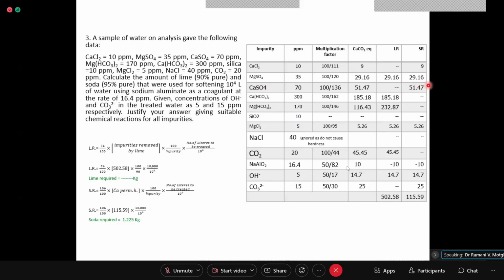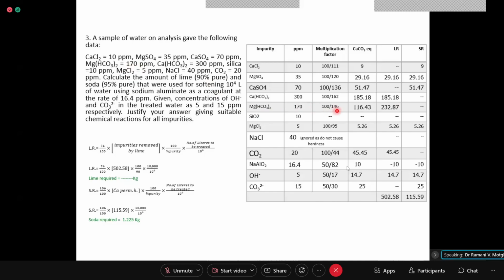So this is correct. Then calcium bicarbonate, 300 ppm, 100 by 162 is the multiplication factor. This comes out to be 185.18. So this is completely removed by lime and does not incorporate any calcium permanent. So this is nil here. This is also correct. Then magnesium bicarbonate, 170 is mentioned here, right?